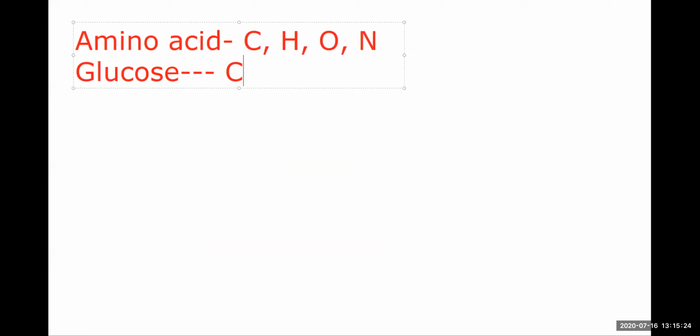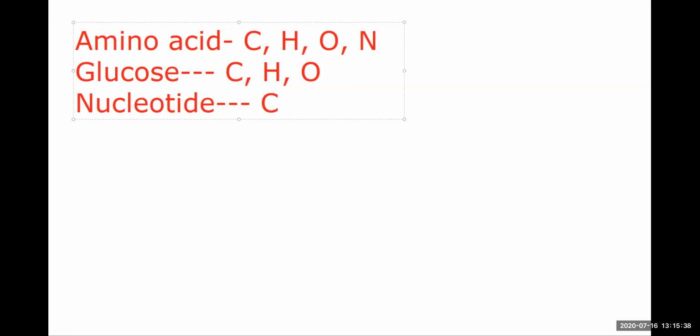Glucose has carbon, hydrogen, and oxygen, 3 different types. Now, a nucleotide will have carbon, hydrogen, nitrogen, oxygen, and phosphorus.